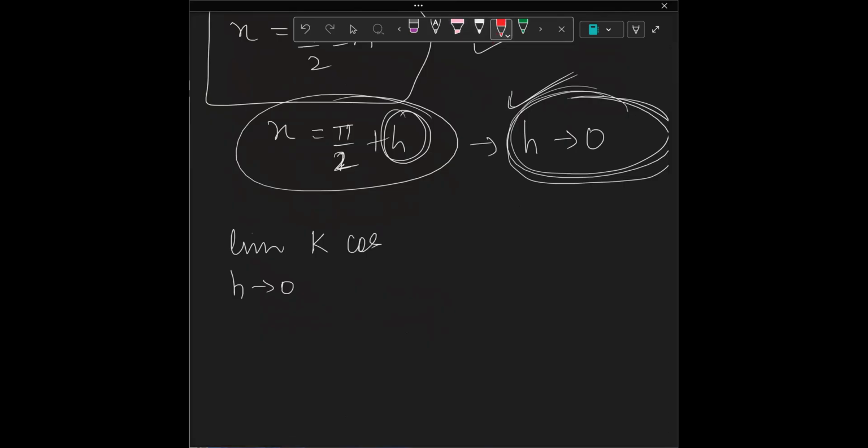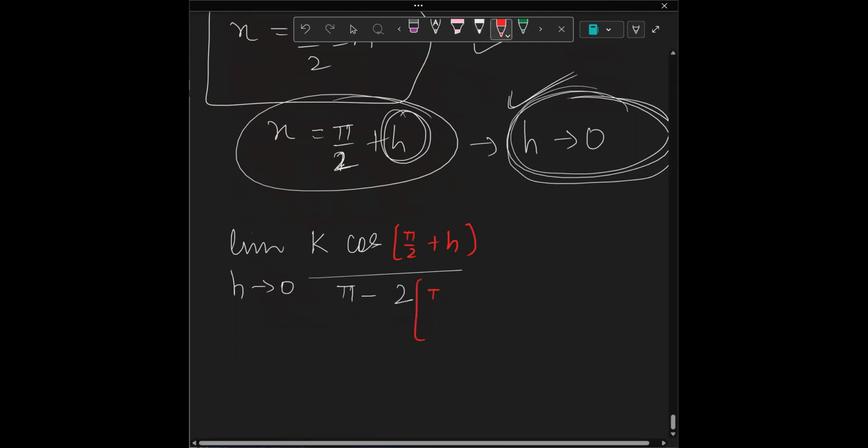So what is x? X is pi by 2 plus h over pi minus 2x. What is x? Pi by 2 plus h. So when you will solve this, you are going to get k.